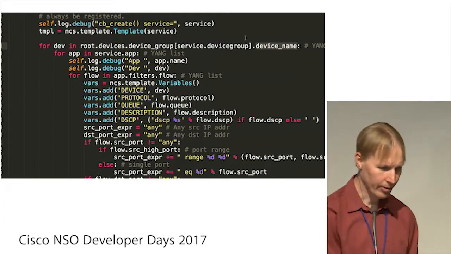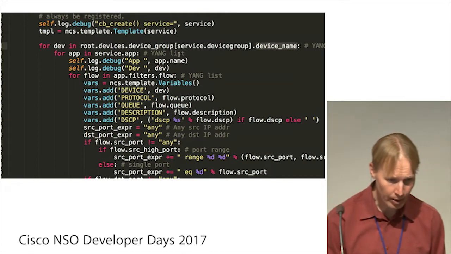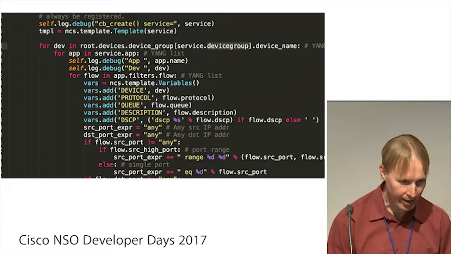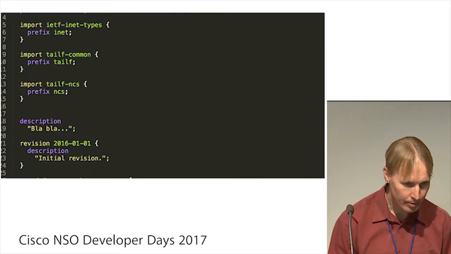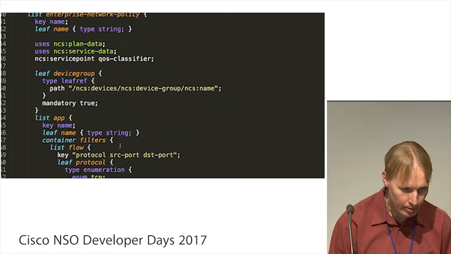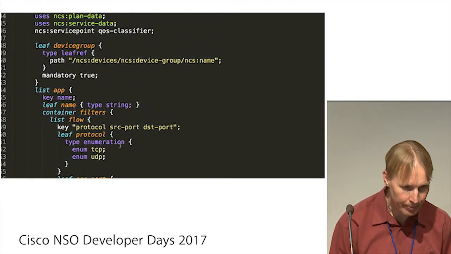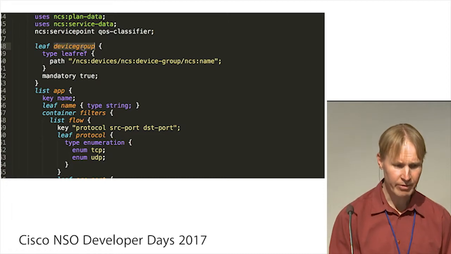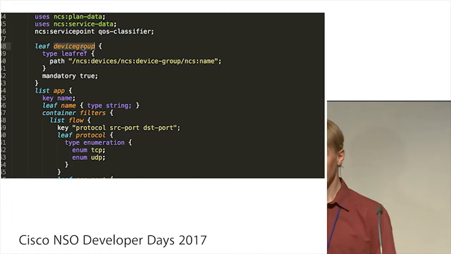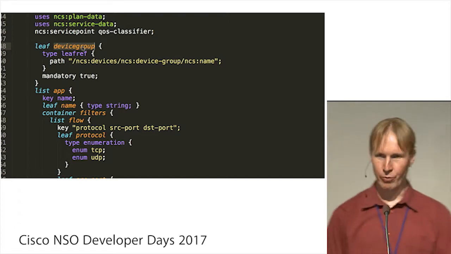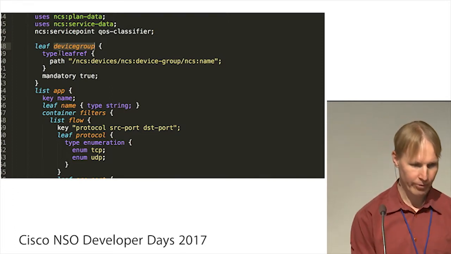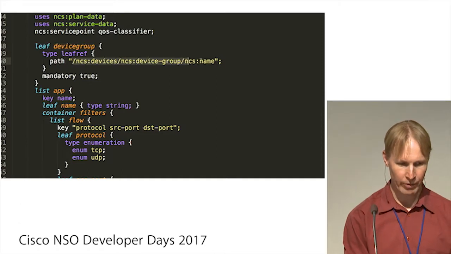I'll show you the Yang just to remind you. Okay, this device group here matches exactly this leaf here. It says device group there because it says device group here. Service.deviceGroup means in my service instance, .deviceGroup gives you this leafref, which is a name of a device group.